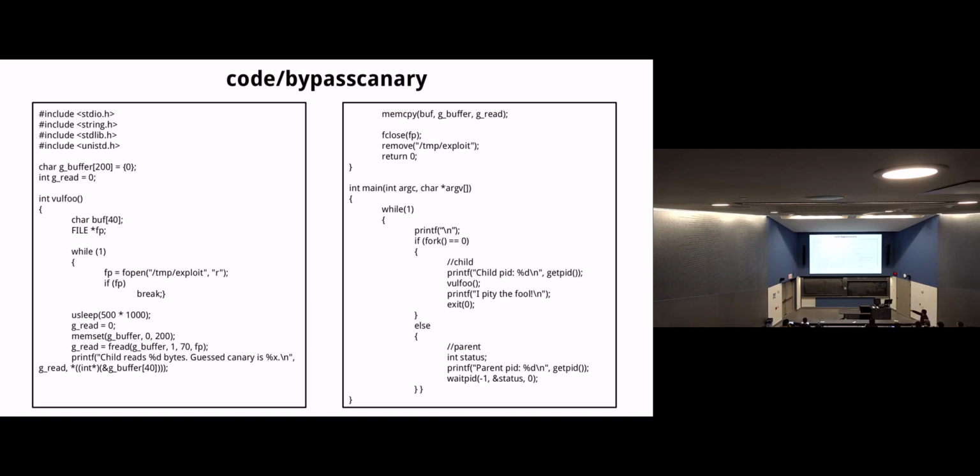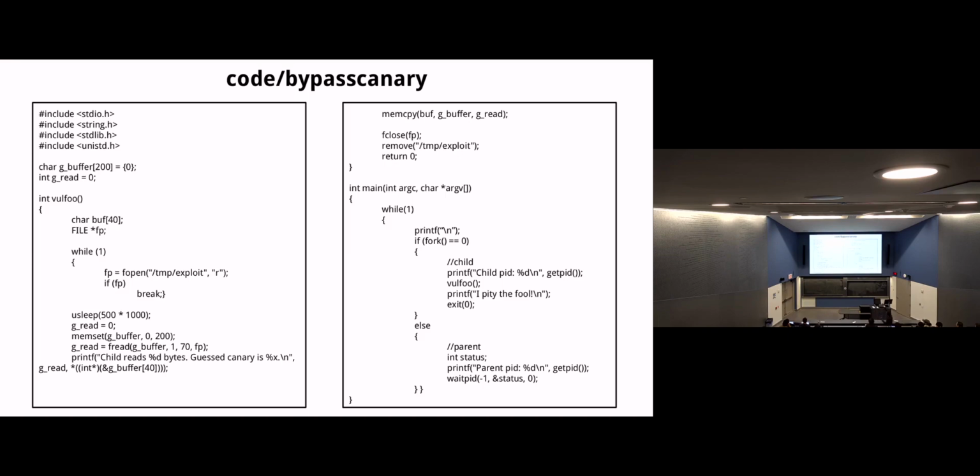The child process will keep looking to see if that file exists. If that file exists, it will just read that file, using fread, into a global buffer, which is 200 bytes. Then it will do a memory copy.